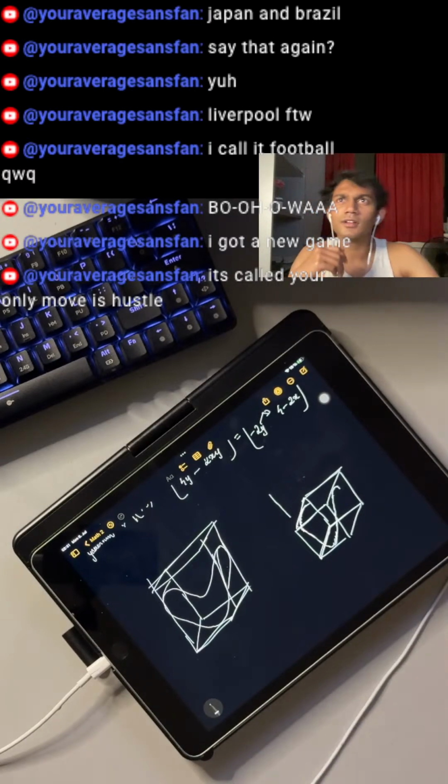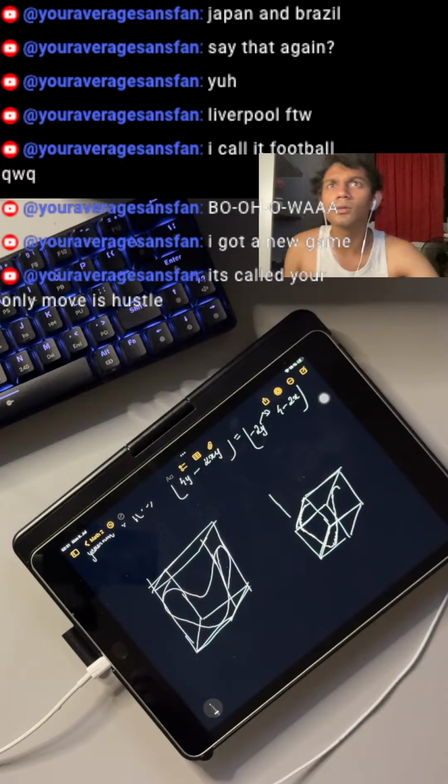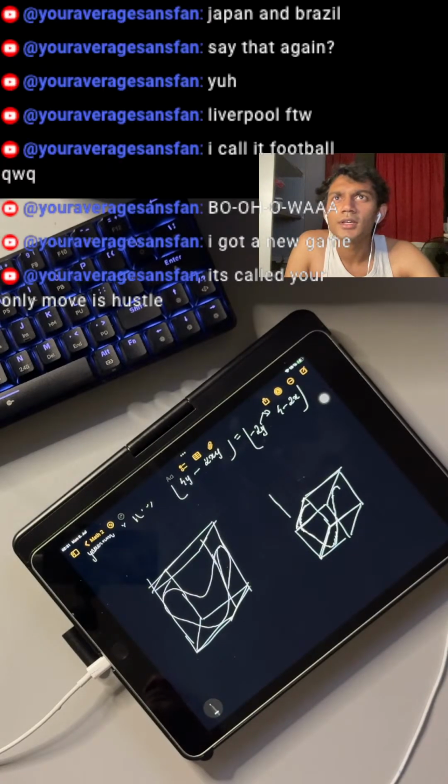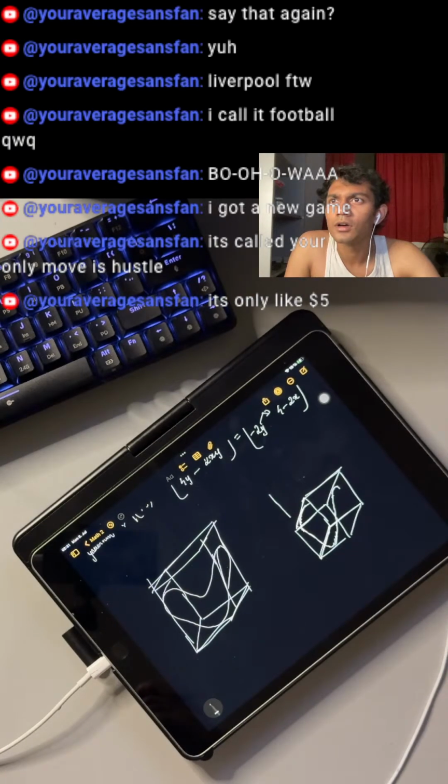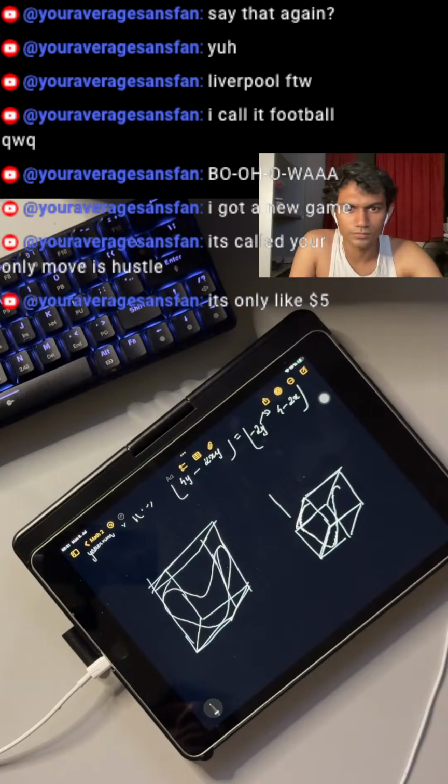How does it look? It's like two stick men. It's only like $5. Oh, I haven't seen this. Let me see. Oh, the game looks good. I did not expect that much animation.